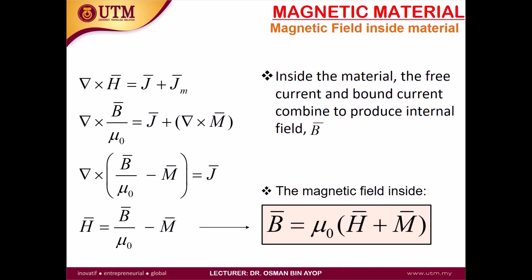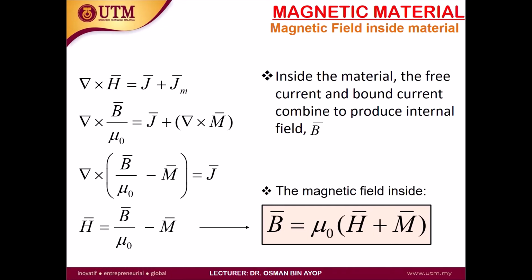So this one, in the bracket, is originally H. So H is equal to B divided by mu naught minus M. Right? So inside the material, the free current and bound current combine to produce the internal field.